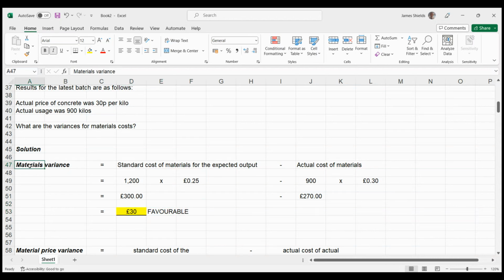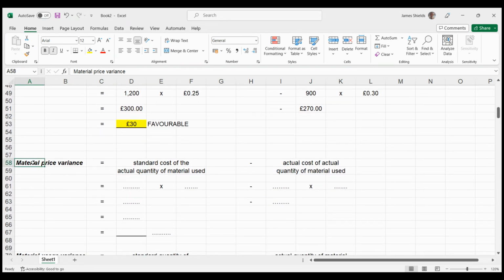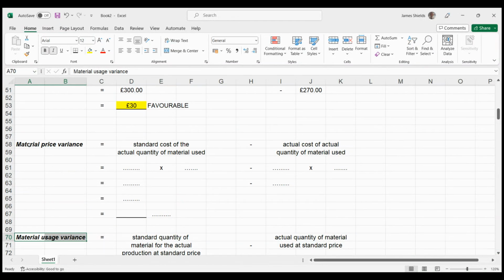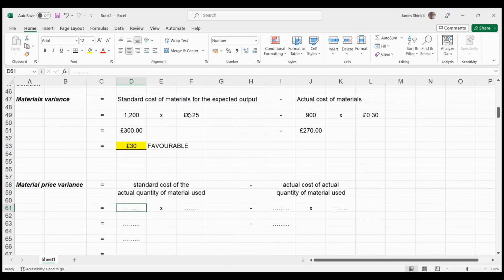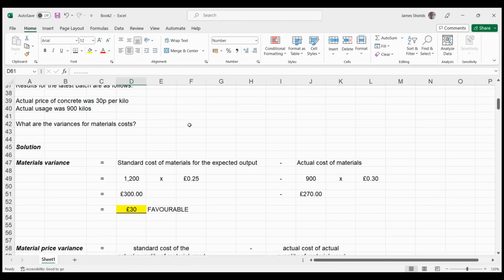Now your material variance is going to be split into two subcategories. We've got the material price variance and also the material usage variance. So let's do one at a time. The material price variance then. So it's the standard cost of the actual quantity of material used. So again, the standard cost was 25p.